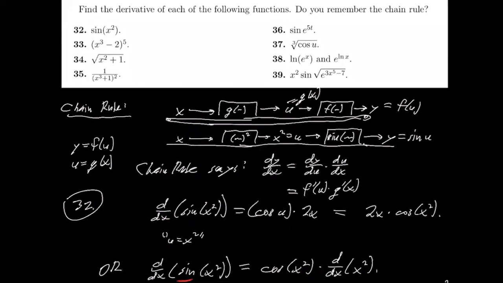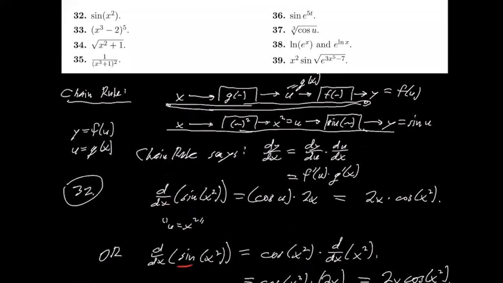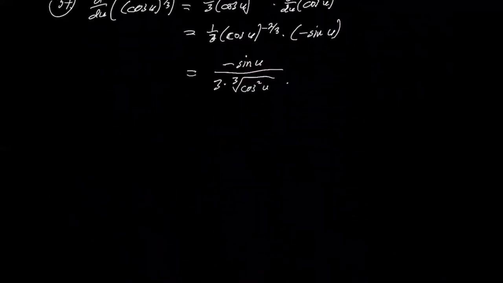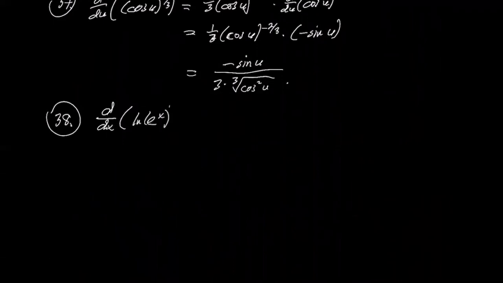Okay, almost done. 38. I like this one in particular, ln of e to the x and e to the ln x. Let's differentiate ln of e to the x and see what happens. D over dx of ln of e to the x.